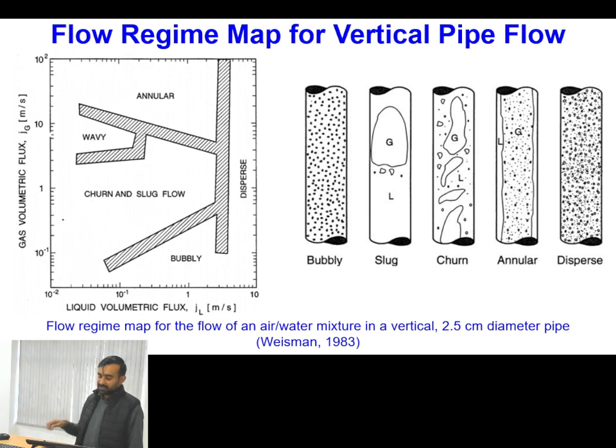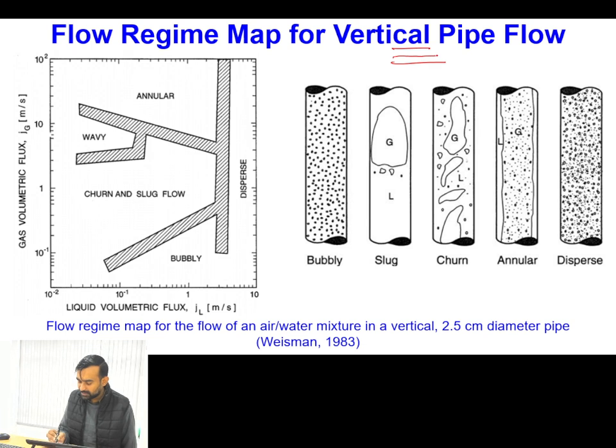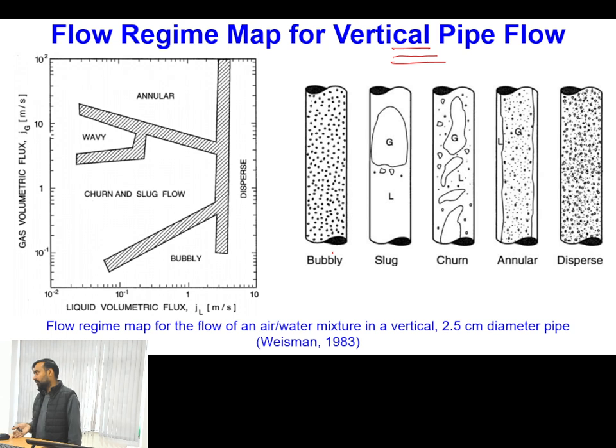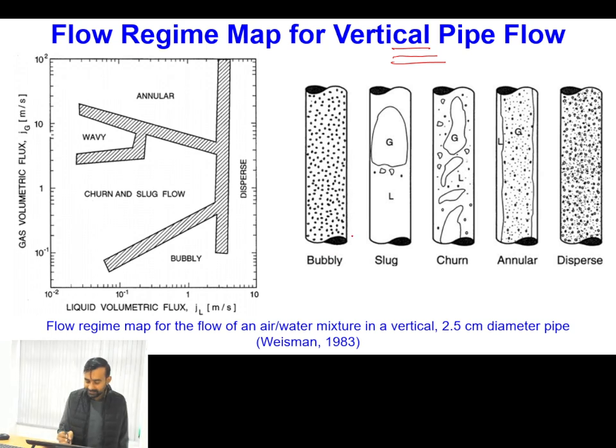In stratified flow, we saw that in a horizontal pipeline, the heavier fluid was settling at the bottom and the lighter was at the top. But in a vertical pipeline, where two fluids are co-flowing together, this type of stratification will not be possible, because the inertia of the fluids has to be sufficient to push both fluids in the upward direction.